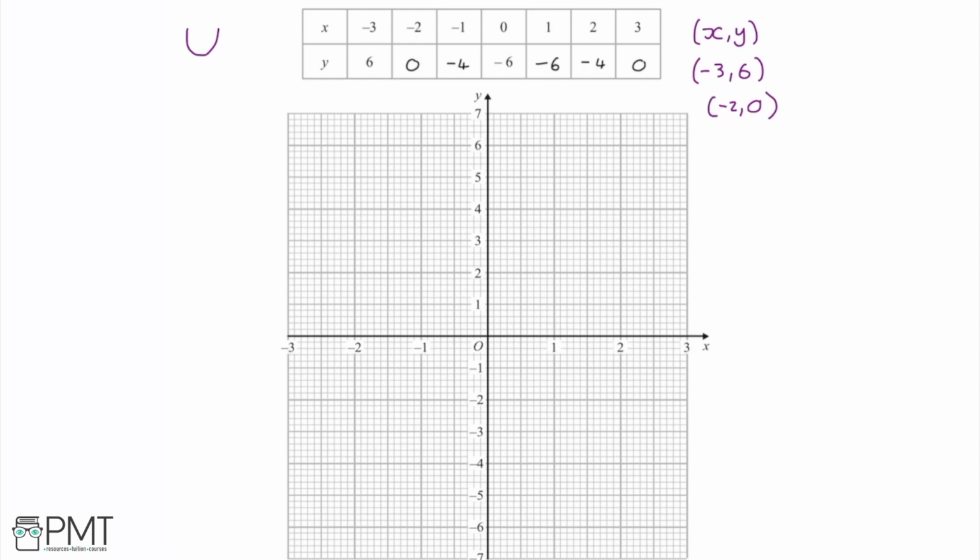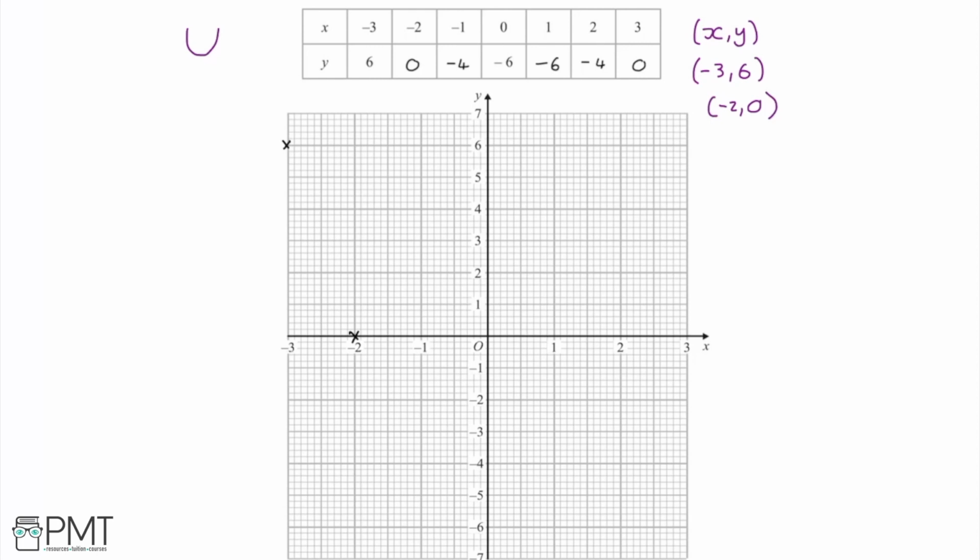So firstly here, if I start by plotting the first point, -3, 6, I can plot that on the graph like so. Then -2, 0 is going to be at this point here. So I'm going to -2 on the x-axis, and then I'm going to 0 on the y-axis, which is just this point already.